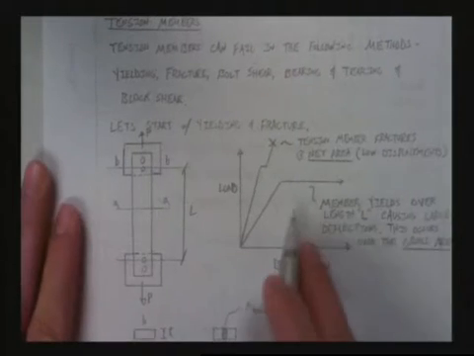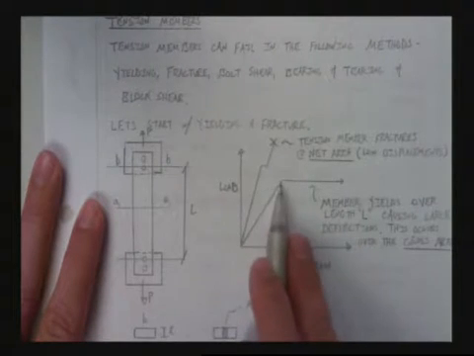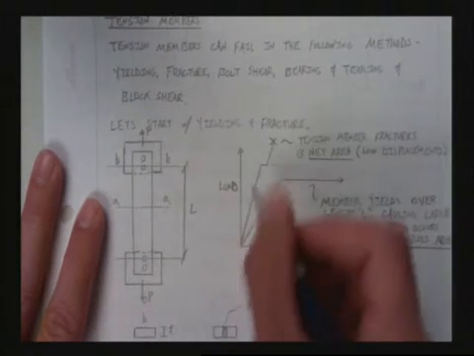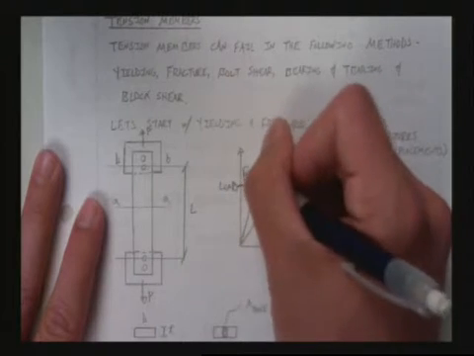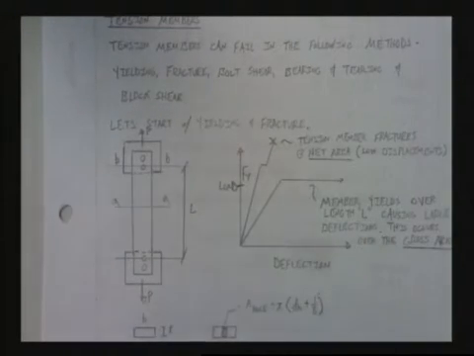Now, we don't let it get to that point. We limit it at yield. We limit it at Fy in this circumstance. Why? Well, think about a building. Think about if the wind starts blowing on one side of the building, and the brace, the diagonal in that building, starts to yield. So it starts to give. What's everyone in the building going to feel? The whole thing's going to be moving.